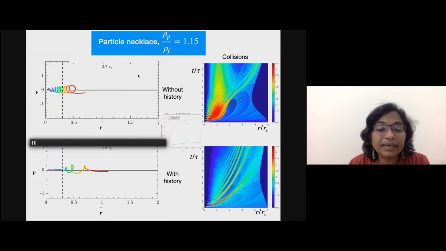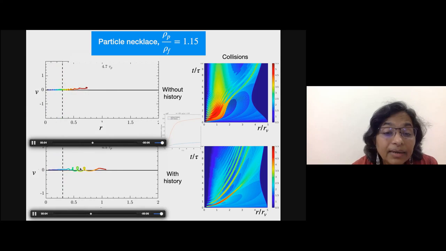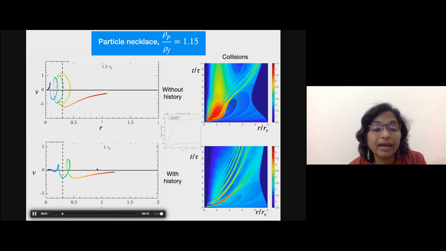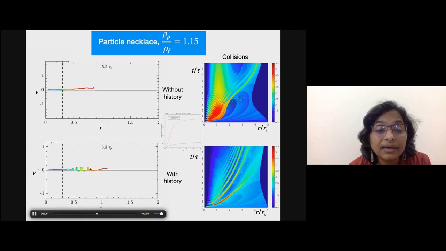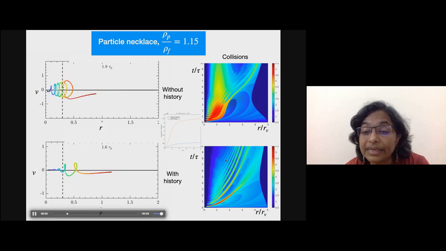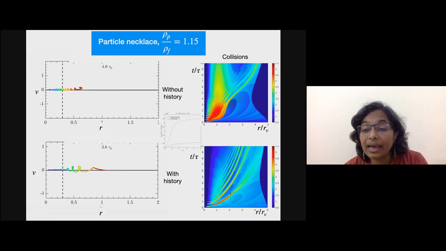Okay. So basically, you see that these loops are at a certain distance from each other. And wherever there are loops, there are caustics, and wherever there are caustics, there are collisions. So in these loops, there are things colliding and these loops are moving downstream. And that's why you see these peaks and valleys. And they have a particular frequency, but it's not very periodic, as you can see.